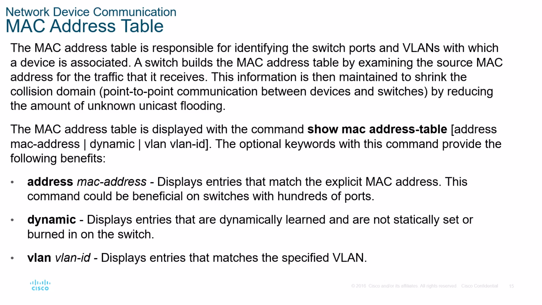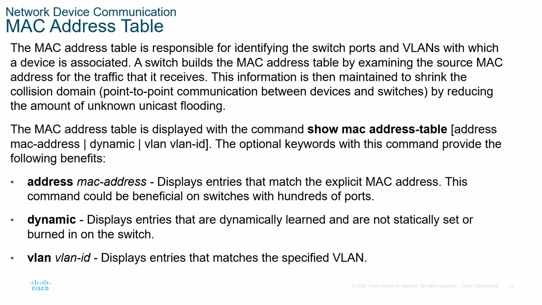This information is again maintained in a MAC address table and is used to shrink the collision domain in a switch to a point-to-point communication. Again, a few slides ago when we were talking switching with a unicast, if the switch doesn't have the MAC address in the table, it will then flood, like using a broadcast, to all of the other ports to identify the destination MAC address, to build that MAC address table.